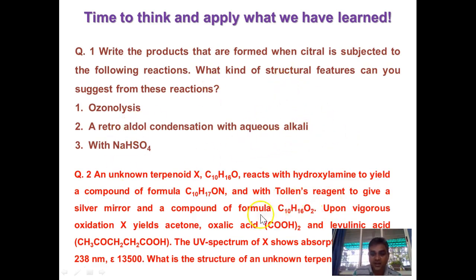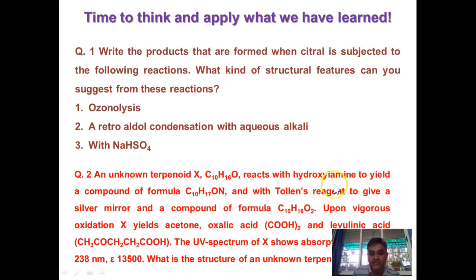Another variety of problem, I like to call a word problem. Just like in mathematics there is a word problem, here some descriptive paragraph is given, and out of that we have to find the structure of terpenoid X. Every statement gives us some information about the structure of the citral molecule: hydroxylamine reaction, molecular formula, Tollens reagent, then oxidation, the UV spectrum.